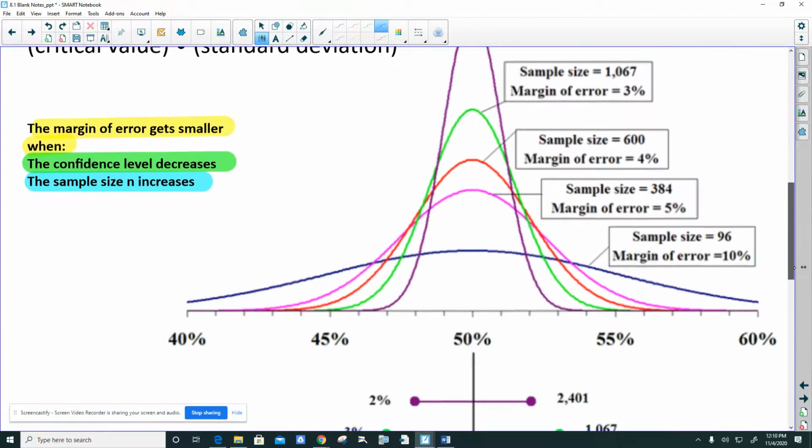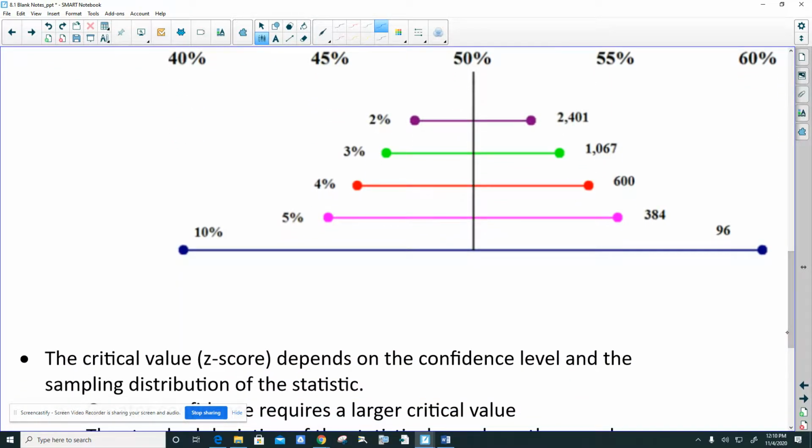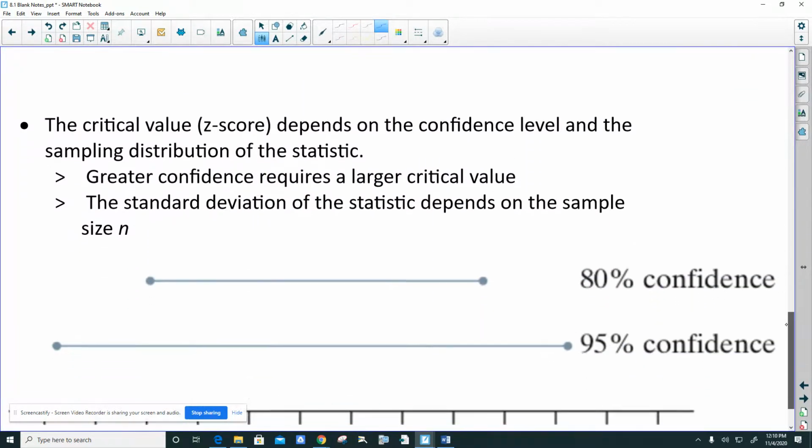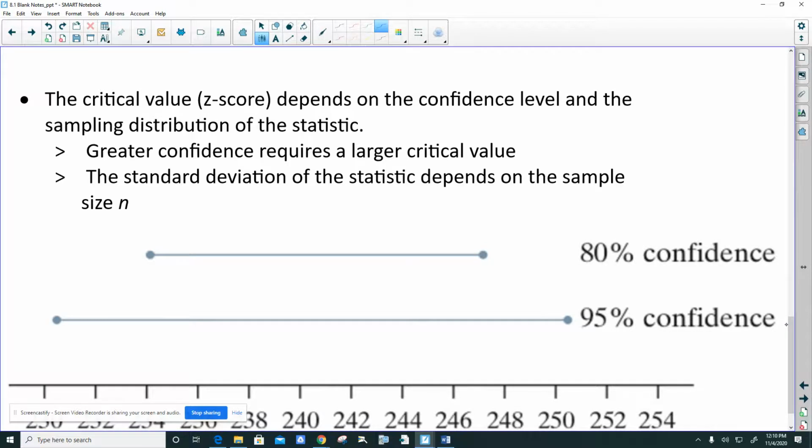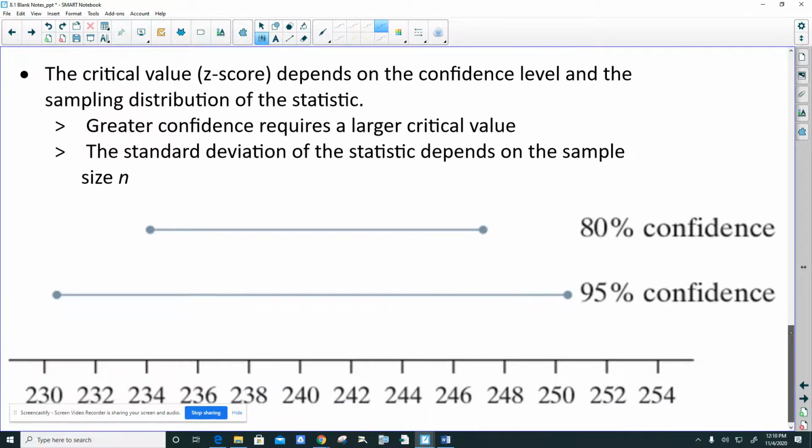Okay, so when you take larger and larger samples, that causes your confidence interval to get smaller. Okay, it's like centering in closer and closer and closer around where that true parameter would be located.